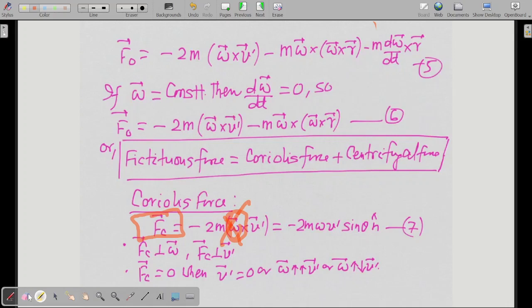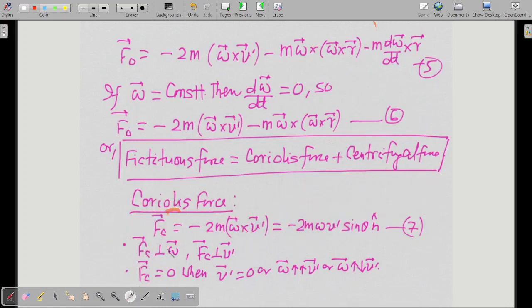So the only thing which can be 0 is v prime. If v prime is equal to 0, or this angle turns out to be 0 or 180, that is the parallel and anti-parallel case, then your Fc will be equal to 0, right?